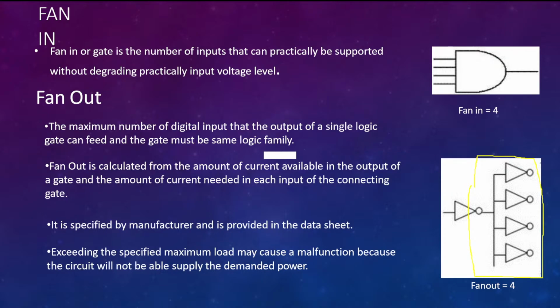Right? Now let me show you. Let's consider the same circuit. One second, I'll just change the color. Okay, look at this diagram in here. In this diagram I'm talking about fan out.